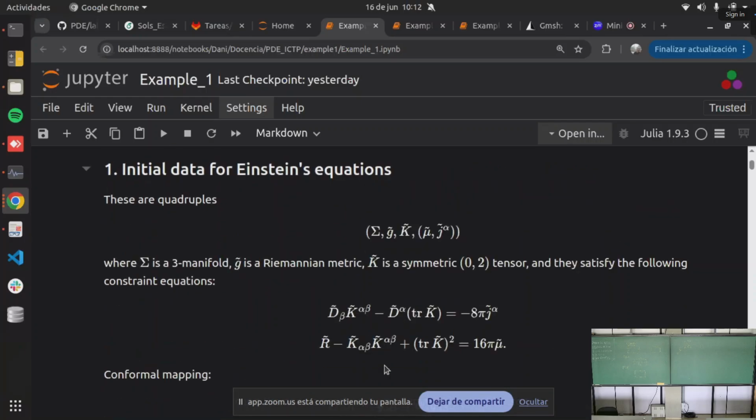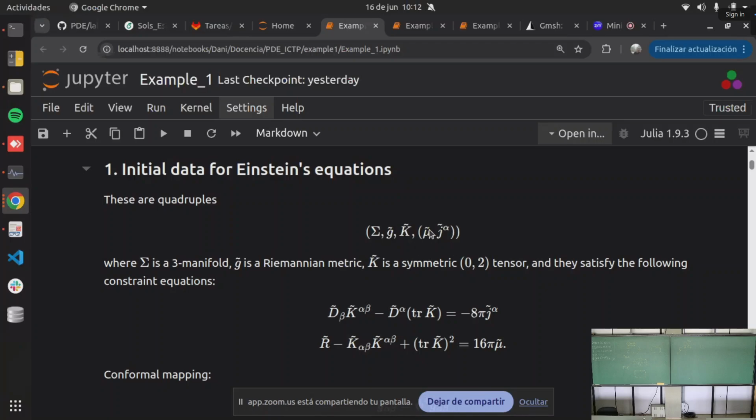Initial data in general relativity are these quadruples, where this is a 3D manifold. It's like a photograph of the spacetime. G is the Riemannian metric, a symmetric two-tensor. Then the extrinsic curvature and the sources.